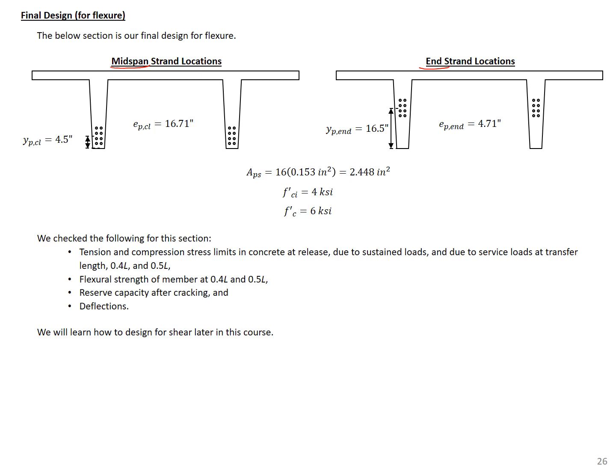We checked the tensile and compression stress limits in our concrete at release, due to sustained loads, and due to service loads at 3 different locations, and all those stresses checked. We checked our flexural strength at 40% of the length and midspan. We checked our reserve capacity after cracking, and we also checked our deflections.